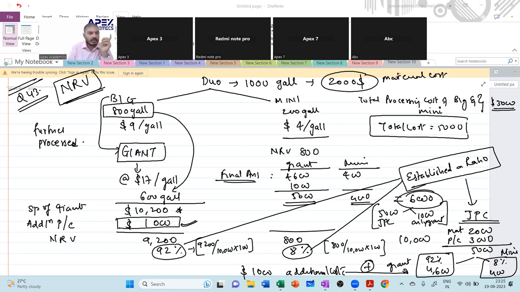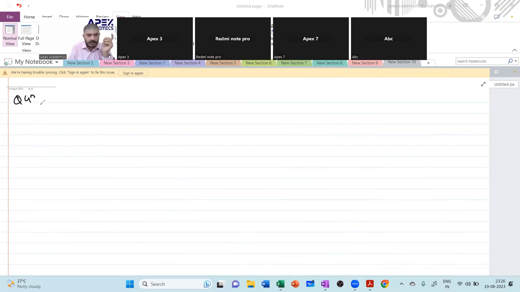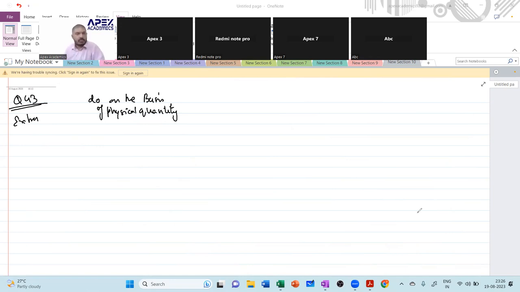Now question 43, extra. Do it on the basis of physical quantity. So what is the joint cost?